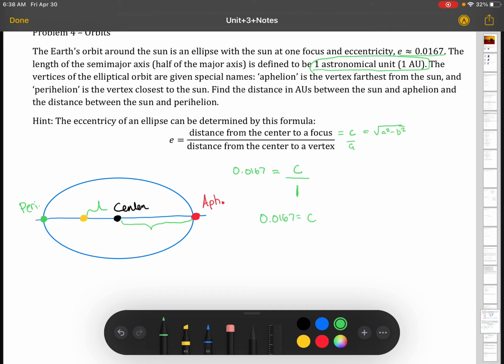So c is our distance from the center to the focus. So this value is 0.0167. So the distance from the sun to aphelion is equal to 0.0167 astronomical units plus 1 astronomical unit, which is 1.0167 astronomical units.